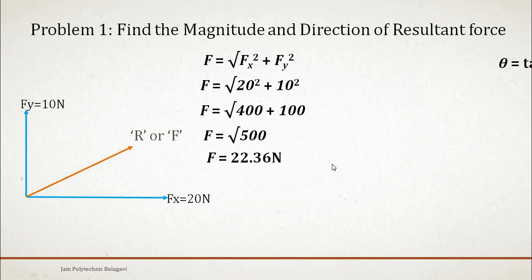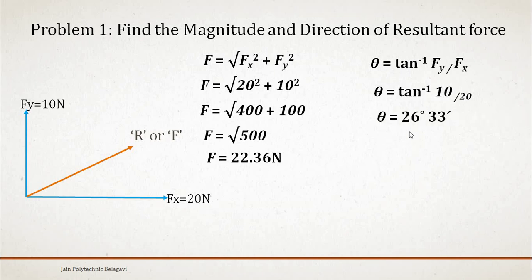Now we will find the direction of this force, at what angle it is acting. We know that direction is given by tan inverse of Fy by Fx. So tan inverse, Fy is 10 newton and Fx is 20 newton. The value is 26 degree 33 minutes.